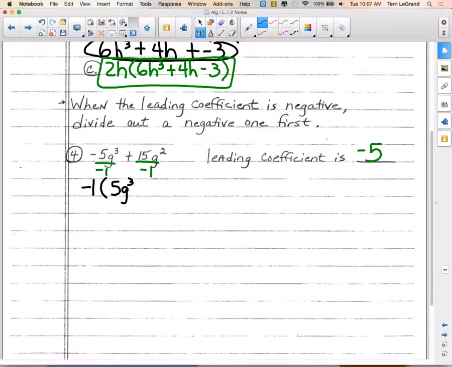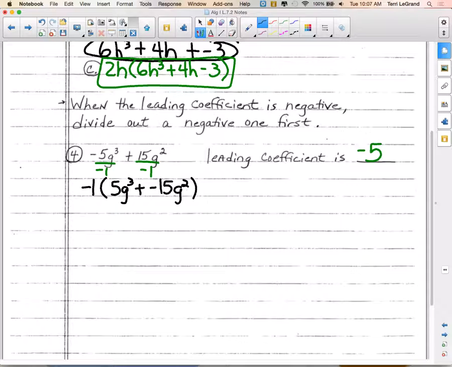So from negative 5g cubed to positive 5g cubed. From positive 15g squared to negative 15g squared. And you're like, well, you just traded things off. You just made the other one negative now. Just trust me. When the leading term is positive, it just goes a lot better.